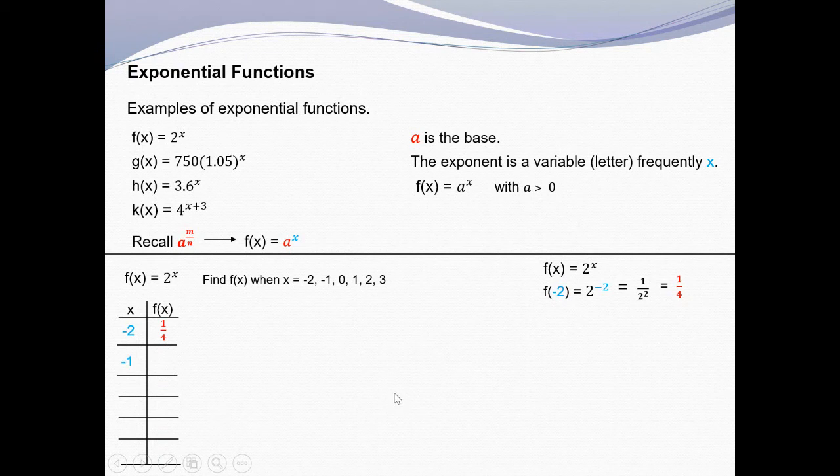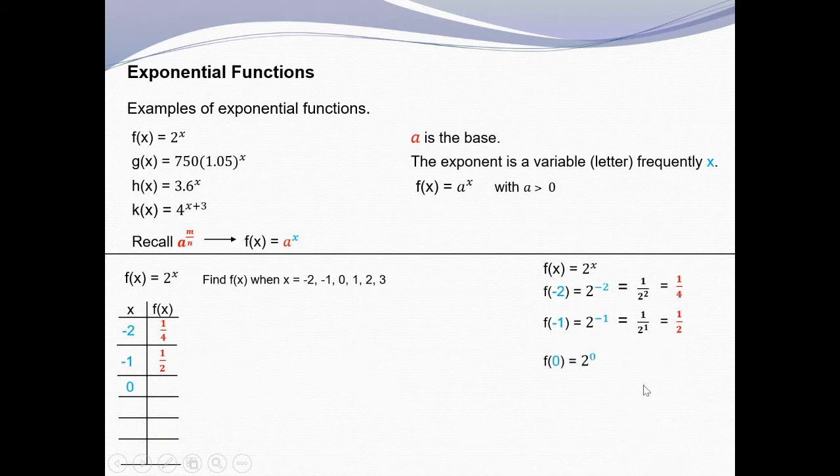Now let's try -1. We're going to evaluate f of -1. So 2 to the negative first power is equal to 1 divided by 2 to the first power, which is 1/2. So when x is -1, f of x, or y, is 1/2.